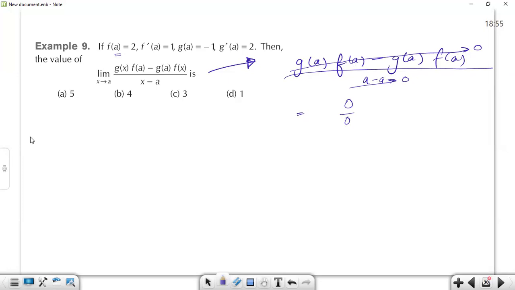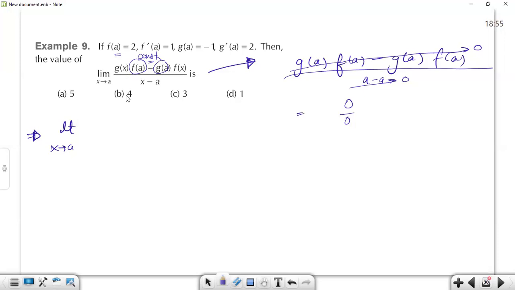So now we have to apply the L'Hospital rule, which says that we can differentiate the numerator and the denominator. On differentiating g of x into f of a, we have to understand that f of a is a constant. Why is it constant? Because it does not have any variable inside it. And g of a is also a constant. F of x and g of x are variables because they have the variable inside the function.